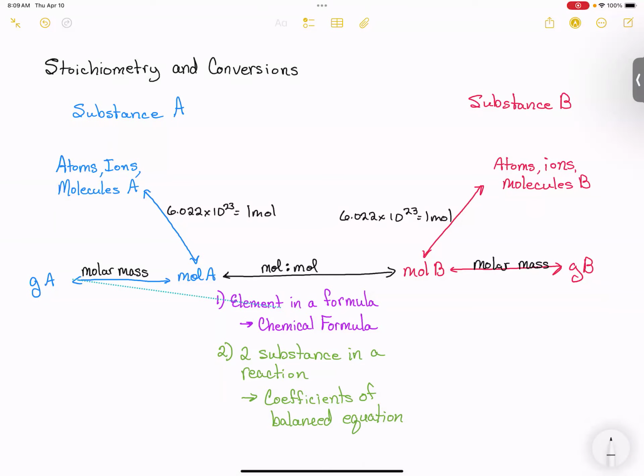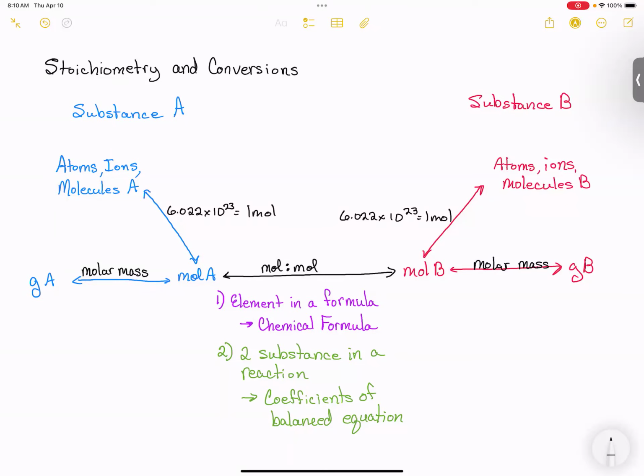There's a couple of different ways that we can get this mole to mole ratio, and it's really dependent upon what we're working with. Are we simply working with an element within a compound? If you're simply working with an element in a compound, the mole to mole ratio is going to come directly from the chemical formula itself.